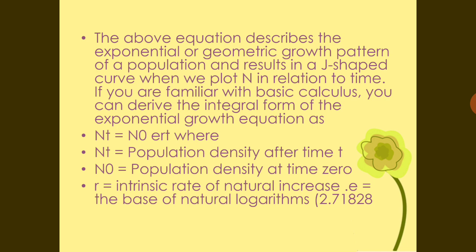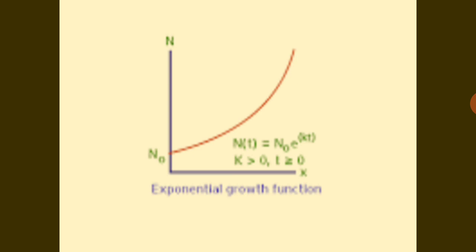This value has to be put into the formula to find the exponential population growth. You find here a J-shaped structure in the exponential growth model.